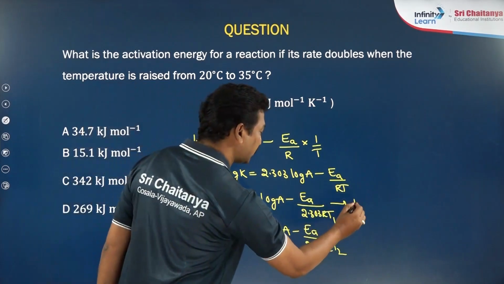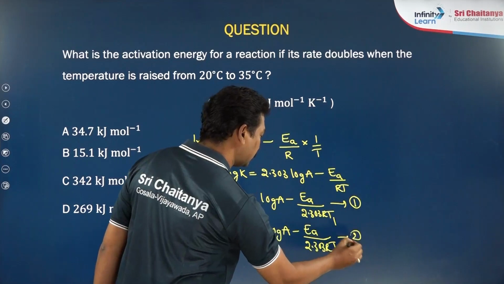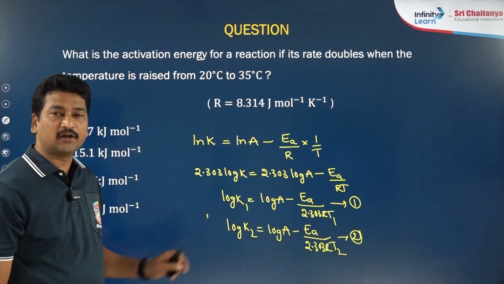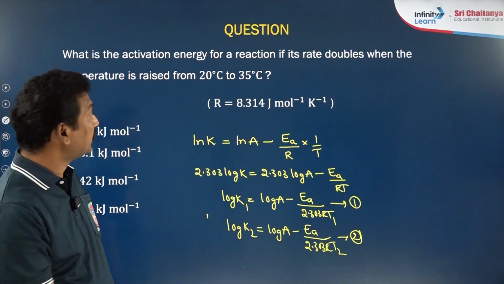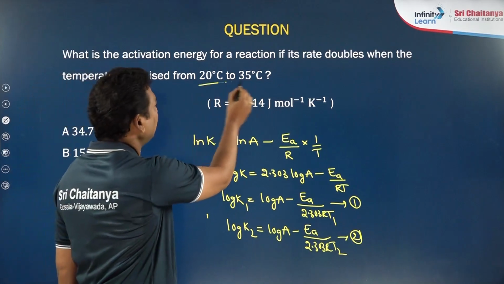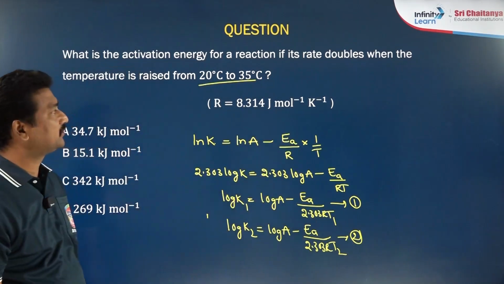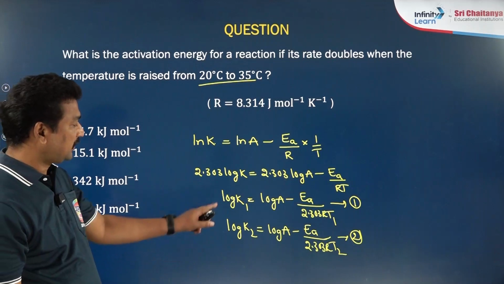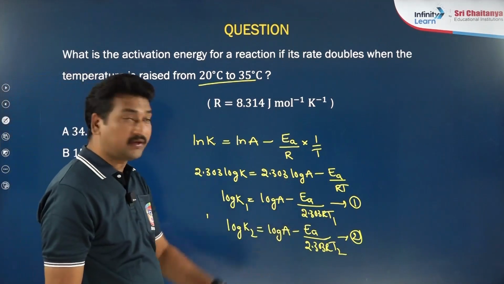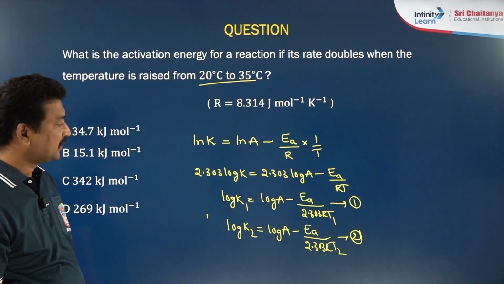Say this is the expression 1. This is the expression 2. Why had we taken the two constants here? Because in the question itself there are two temperatures, so we had taken two constants at two different temperatures. Right?